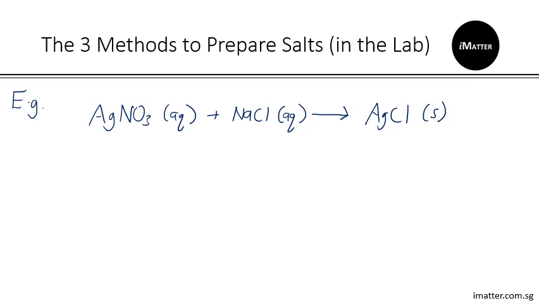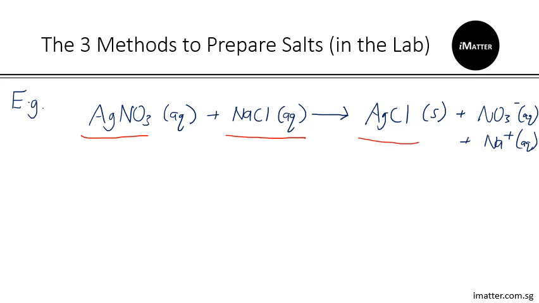Well, of course, you are still going to be left with your nitrate ions and sodium ions, which remain dissolved in water. But the key point is this. Whenever you have 2 soluble reactants or 2 soluble compounds and you mix them together, if there is a chance that an insoluble compound is formed, then this will definitely come out as a precipitate.